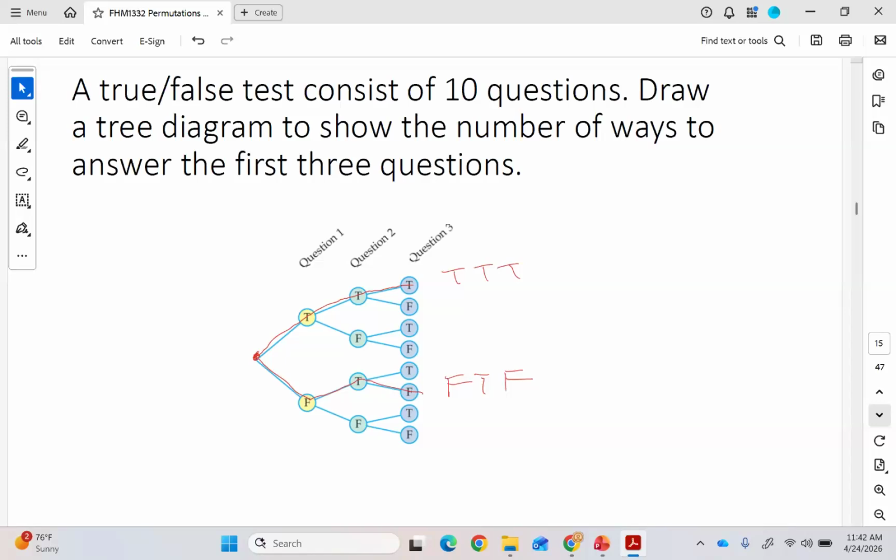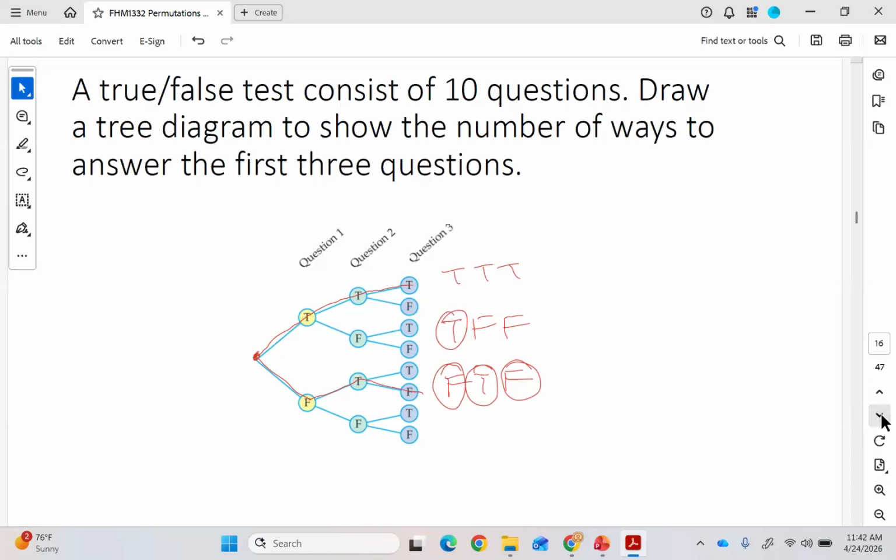So in these types of examples, the order does matter, because I'm saying that I answer question one, question two, and question three. If I change that order, let's say true, false, false, that's considered a different outcome, because now I choose true on the first one.